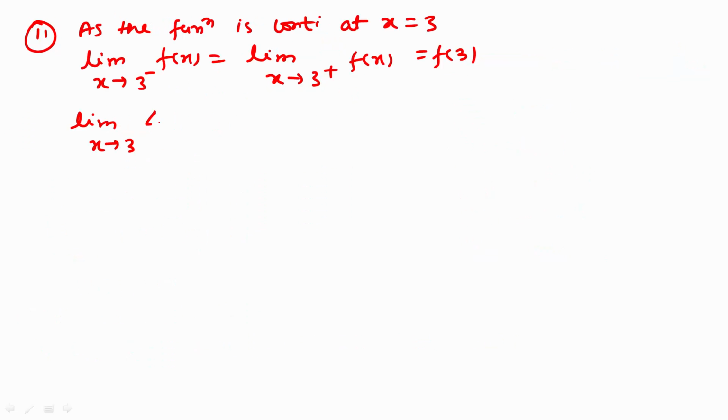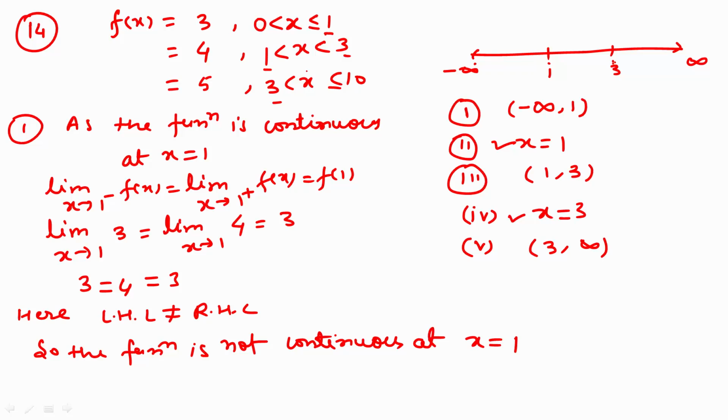So here, limit x tends to 3 plus, the function will be 5, and for f of 3, x is greater than or equal to 3. So for x is equal to 3, we will take again the function 5.